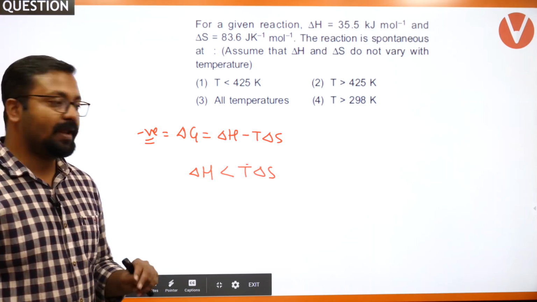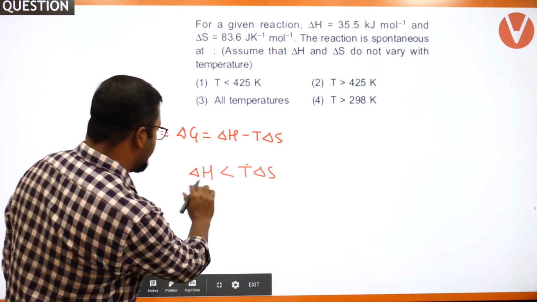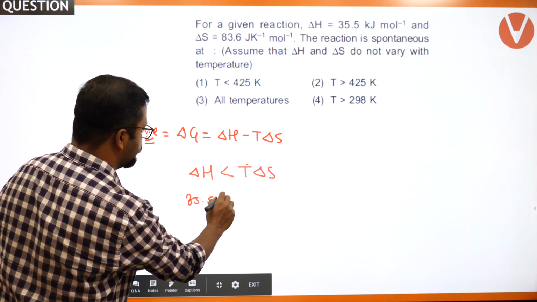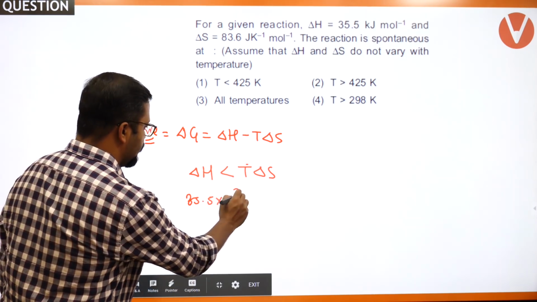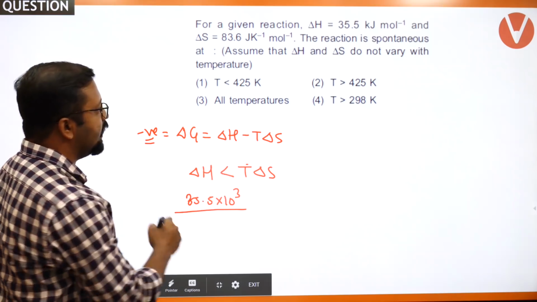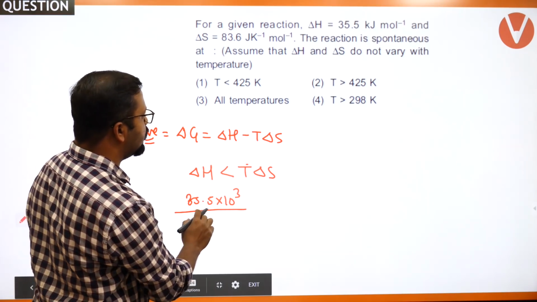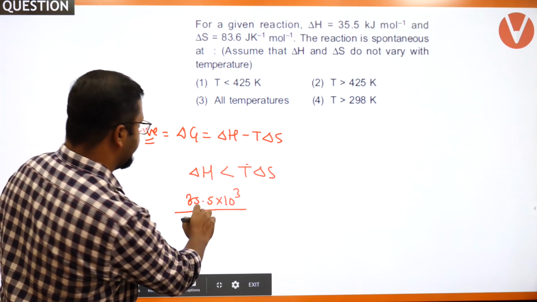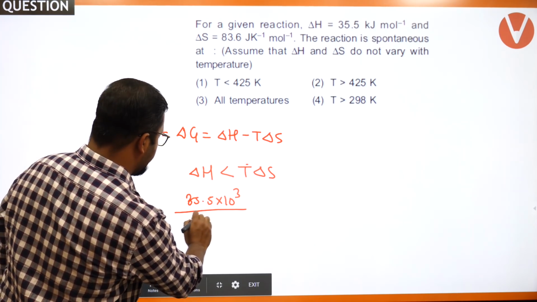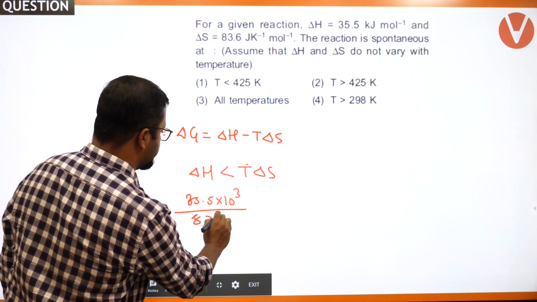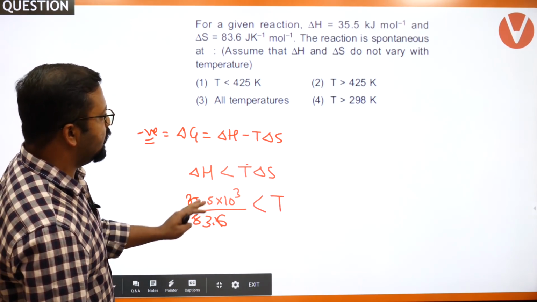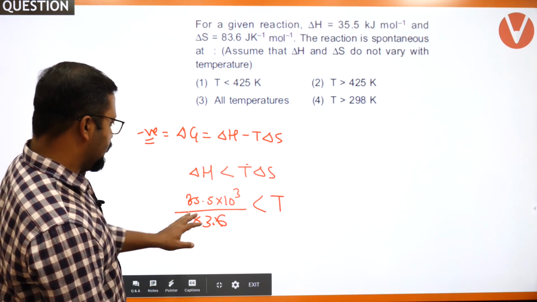So delta H value given is 35.5 times 10 raised to 3, divided by delta S, which is 83.6. So temperature should be greater than this value.